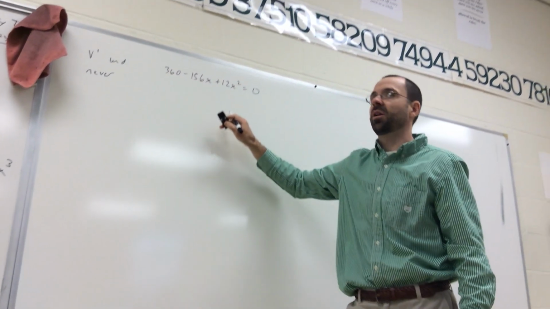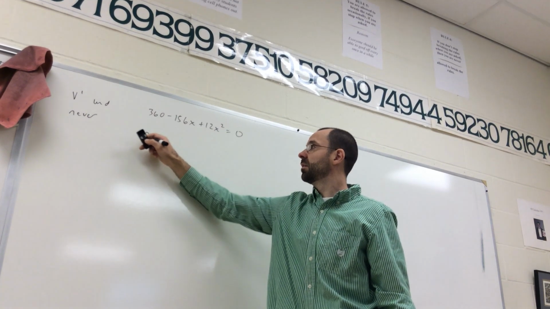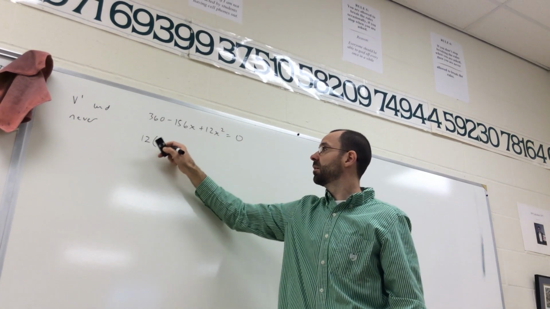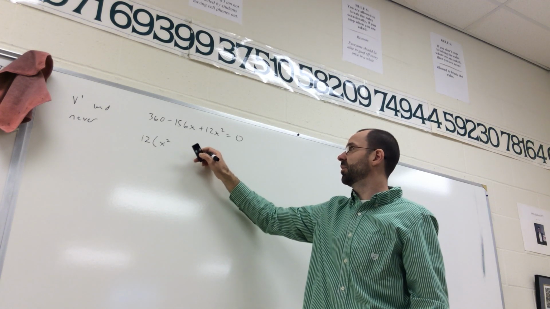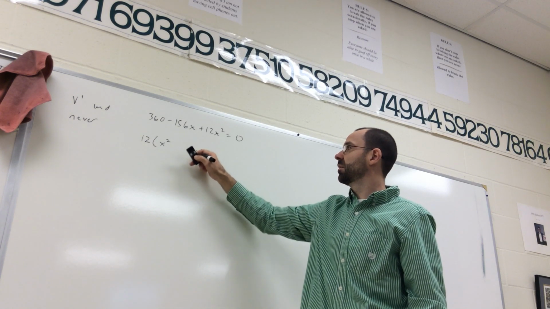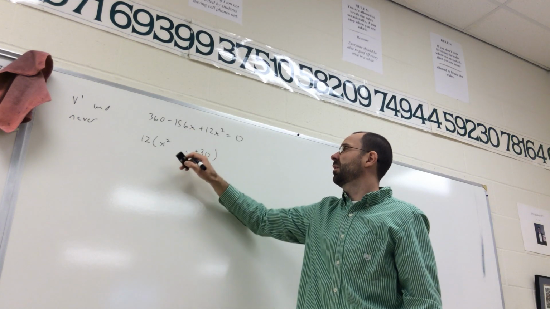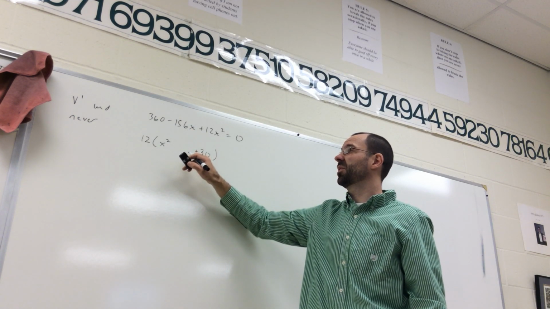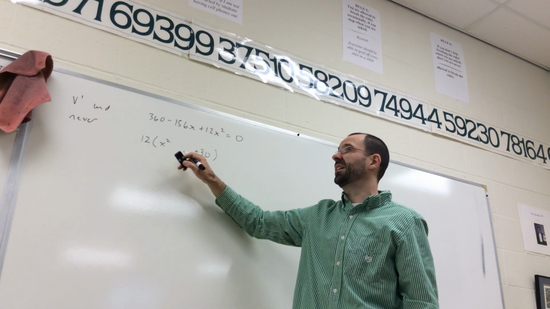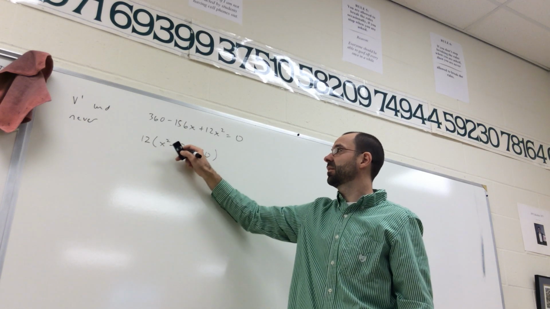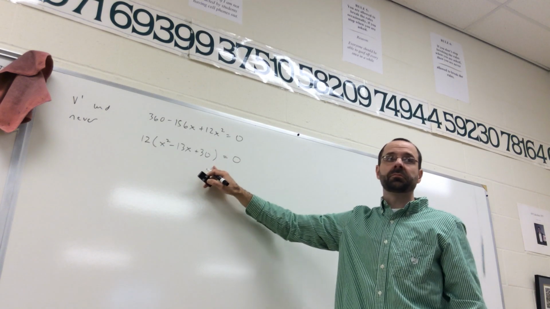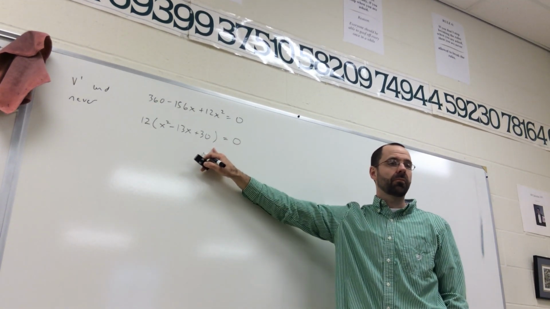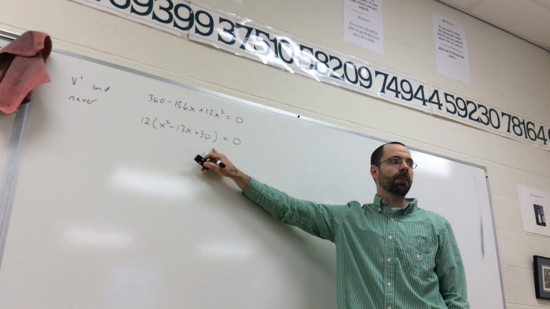I'm going to factor a 12 out of that. 360 divided by 12 is 30. And 156 divided by 12, let's see, that's 13. I think that's right. So I just pulled a 12 out of everything.